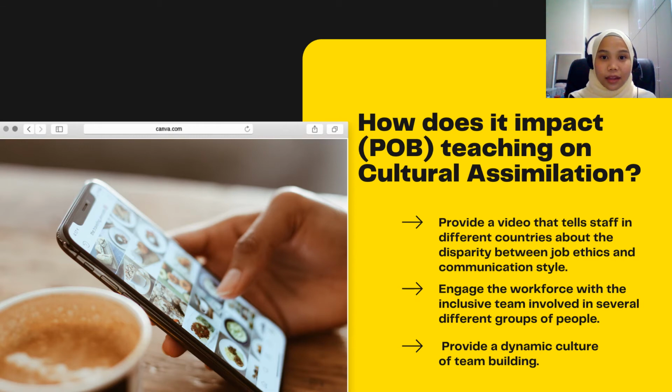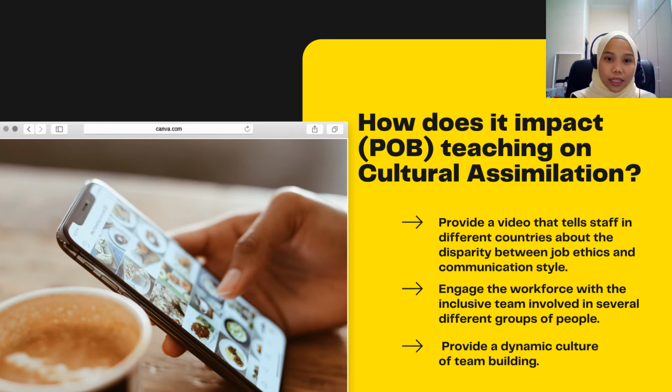However, there are many layers of the optimistic climate. To be the most productive and innovative, Luthans and Youssef postulated that they must have positive characteristics, states, and structures to encourage positive behavior. How does POB impact teaching on cultural assimilations?